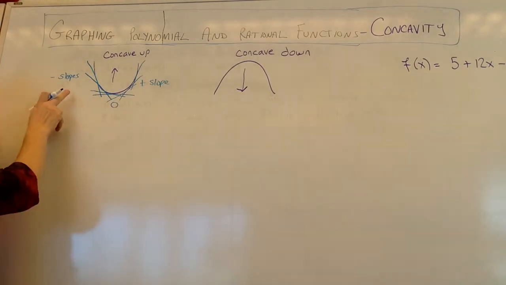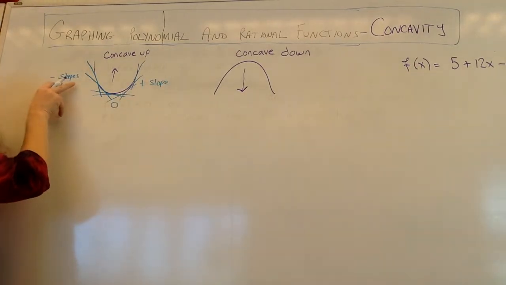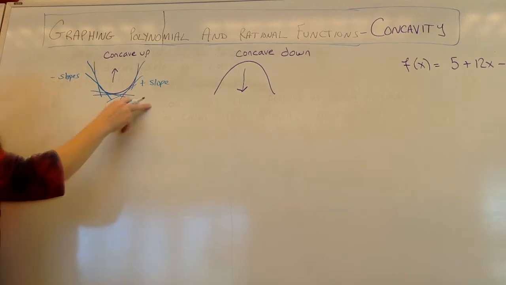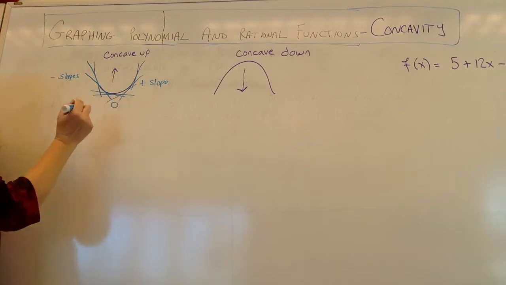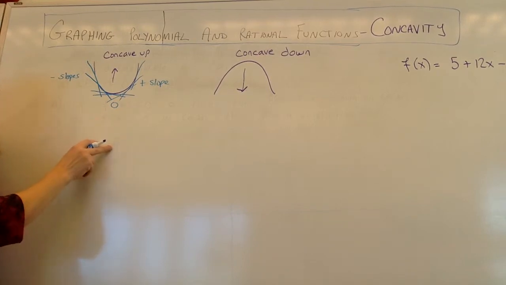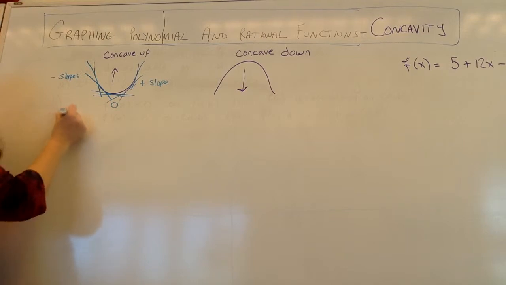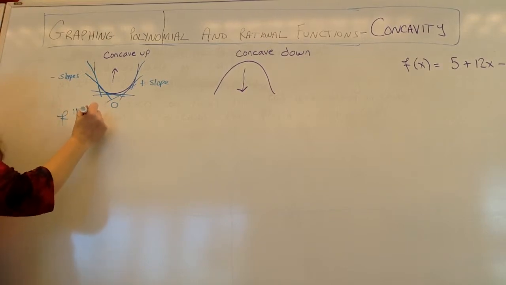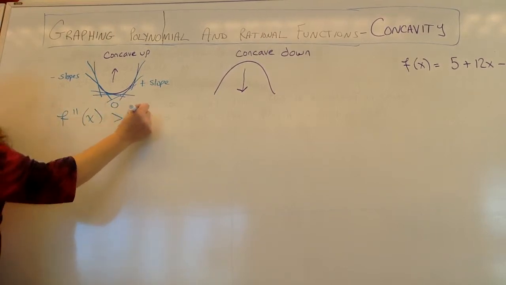So what's happening? My first derivative, my slope, is going from negative to positive. So my first derivative is increasing. Well, if my first derivative is increasing, its derivative is positive. So what does that mean? It means the second derivative of the function is positive.